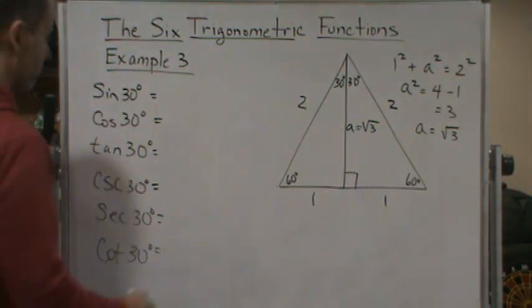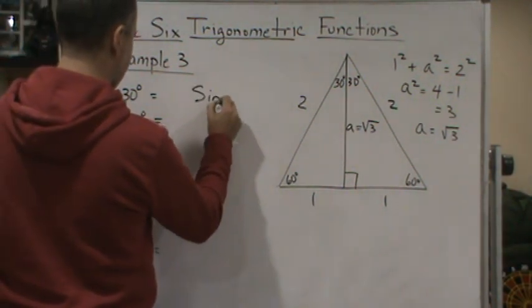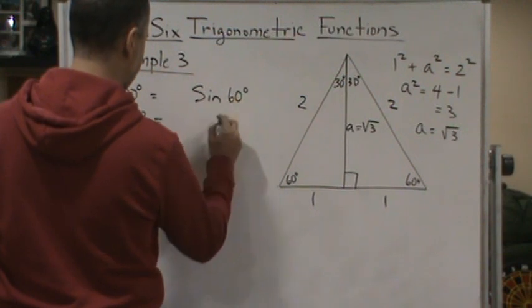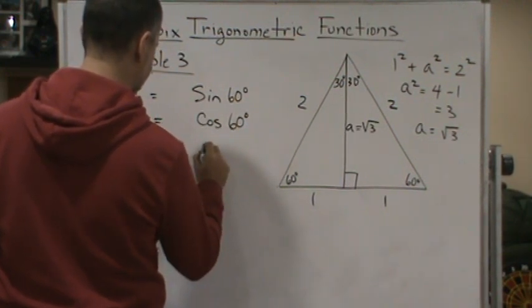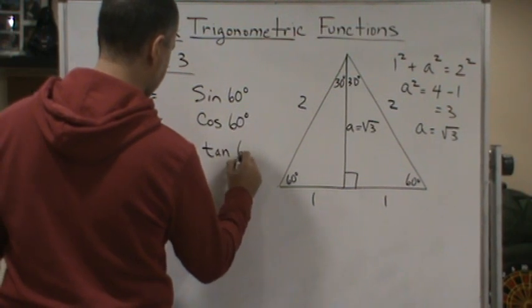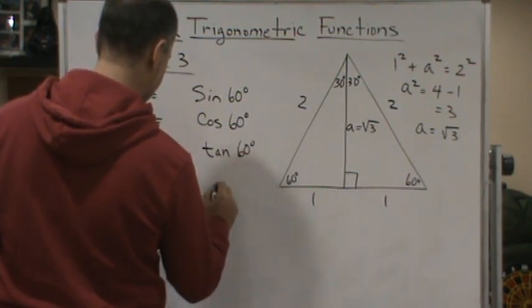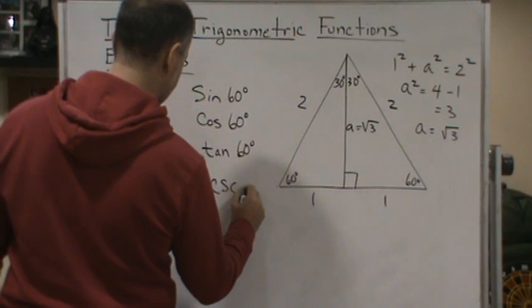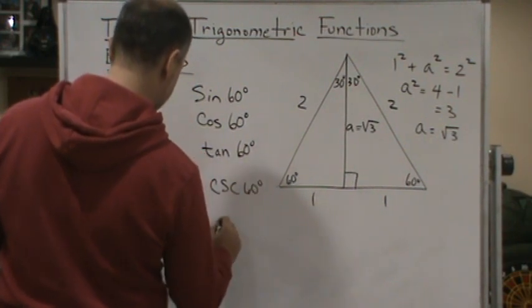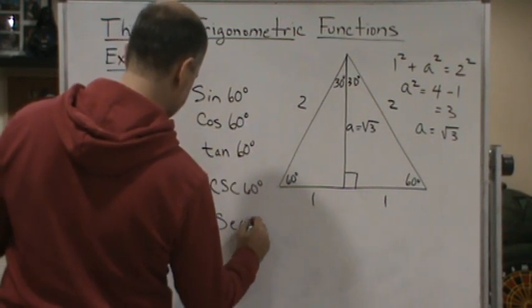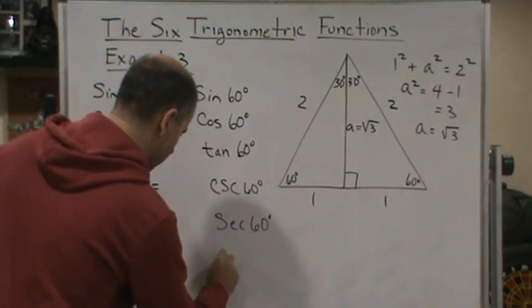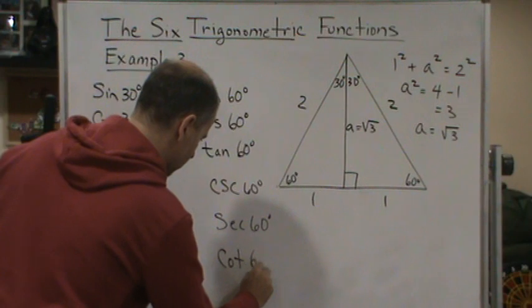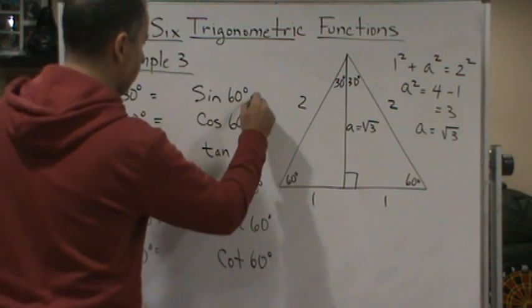And then let's do sine of 60, cosine of 60 degrees, tangent of 60 degrees, and then cosecant 60 degrees, secant 60 degrees, and cotangent 60 degrees.